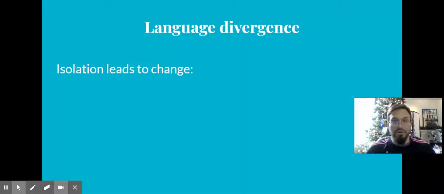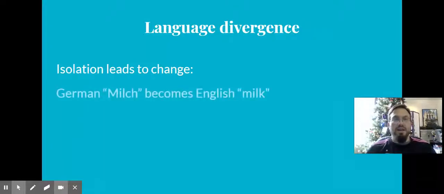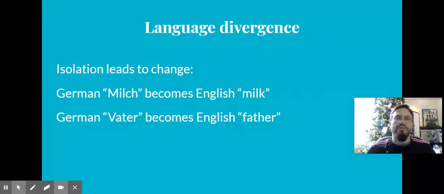As examples of how that changed, the German word for milk in English is Milch in German. And so those pronunciations shifted throughout time, Milch becoming milk and developing the dialect, which eventually became the language. Same deal with the German word Vater then becoming father.